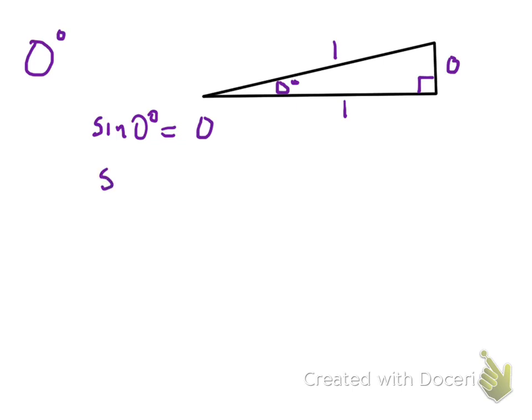The cosine of 0 is equal to the adjacent leg over the hypotenuse. So that's 1 over 1, which is 1. The tangent of 0 degrees is going to be the opposite over the adjacent. That's 0 over 1, which is 0.